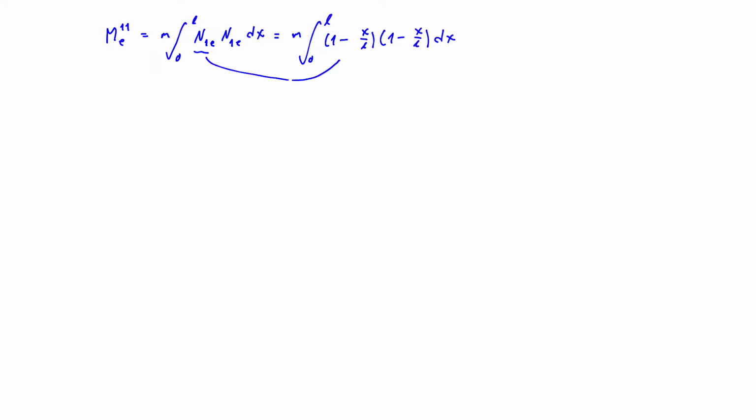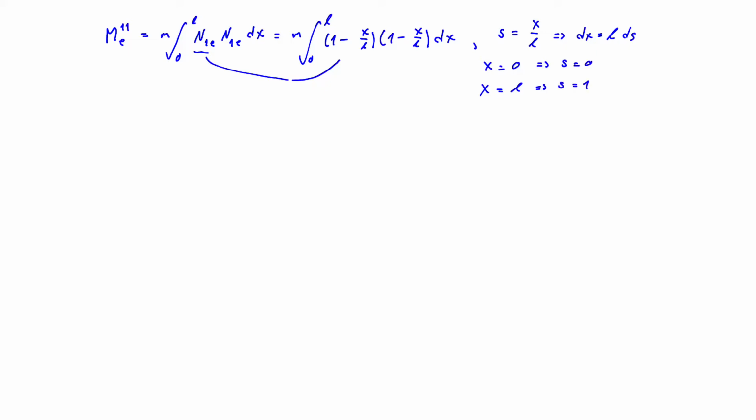It's often convenient to introduce a non-dimensional coordinate s as x divided by L. That means that the integral increment dx is equal to L ds. If x is equal to 0, then s is as well equal to 0, just to take care of the boundaries. If x is equal to L, then s is equal to unity.